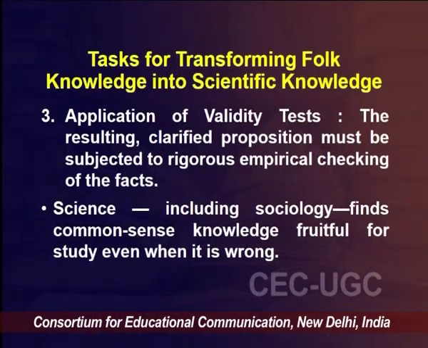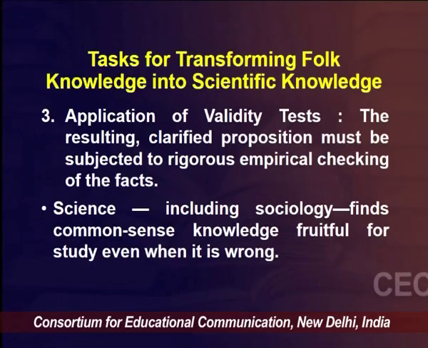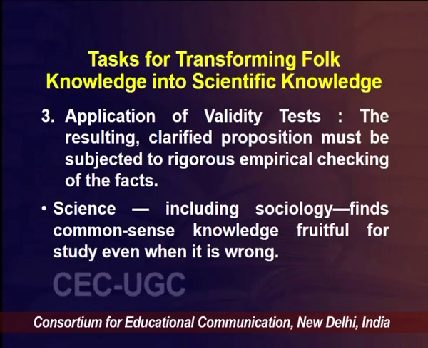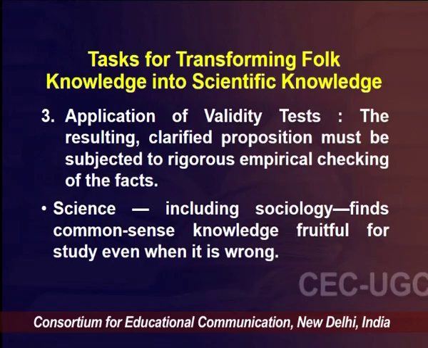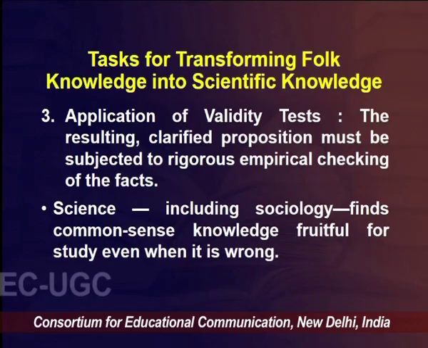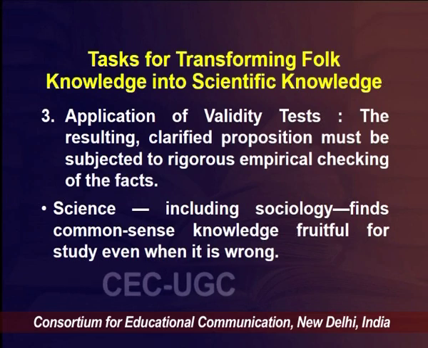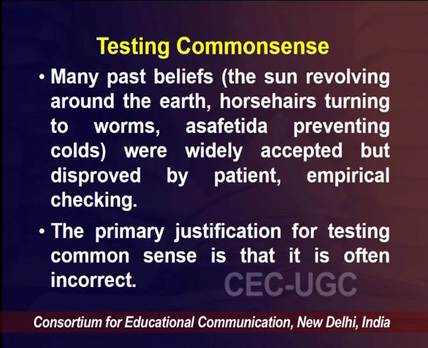The third way of transforming folk knowledge into scientific knowledge is application of validity tests. The resulting clarified proposition must be subject to rigorous empirical checking of fact. Science, including sociology, finds common sense knowledge fruitful for study even when it is wrong.